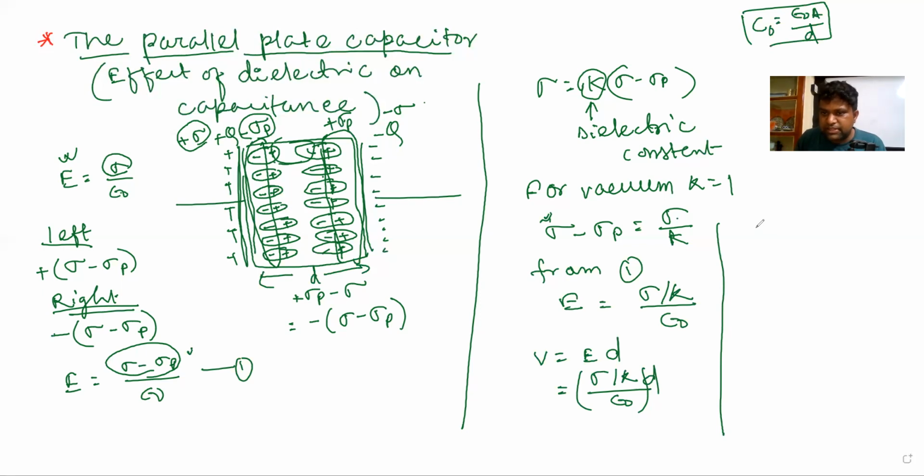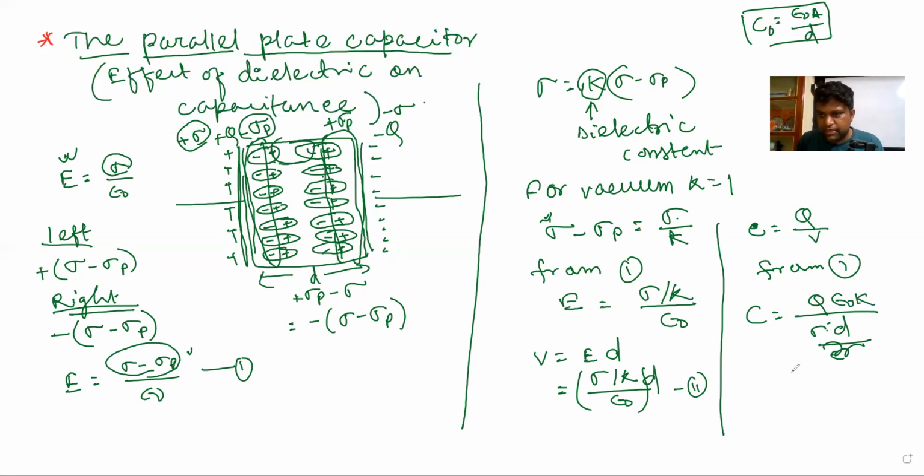So capacitance C is Q by V. V we got here from equation 2. So from 2 we can write C equals Q by V, which is Q divided by sigma D by epsilon naught K, and epsilon naught K goes up in the numerator.